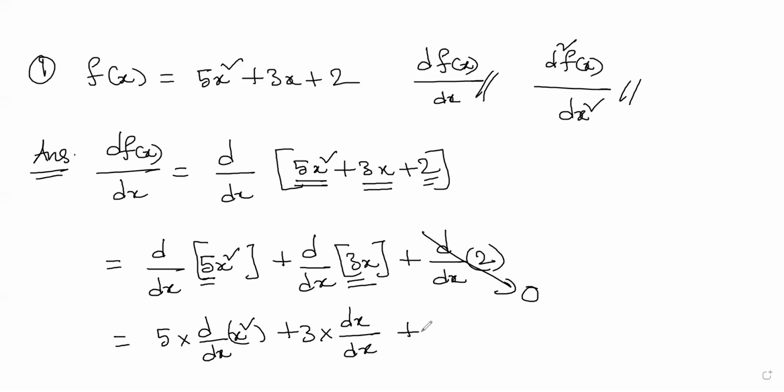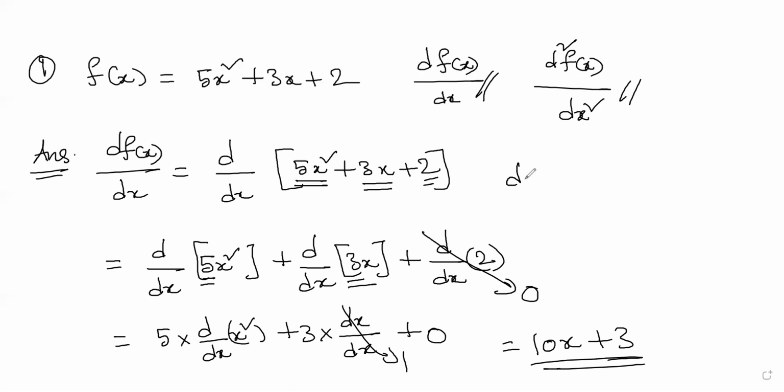This part is anyway 0. So dx by dx, that is derivative of x, is 1. It cancels, so it's 3 here. And then 10x plus 3. You will get 10x plus 3. Clear? Yeah, this is how you can do.